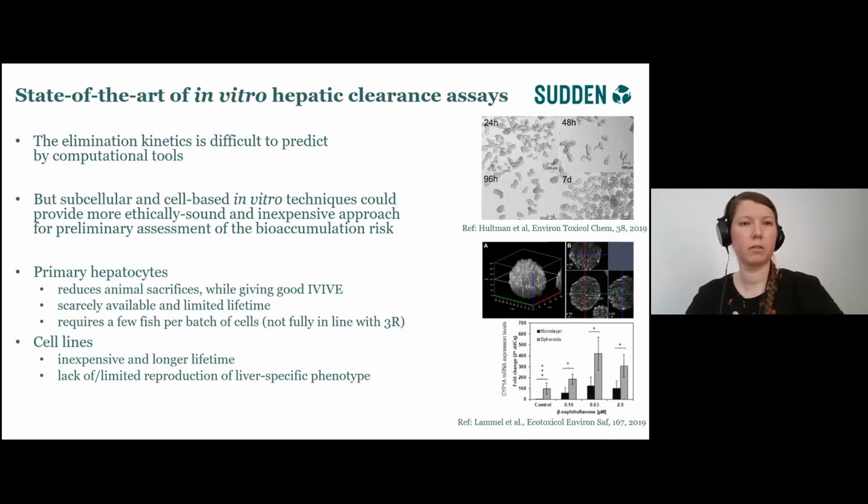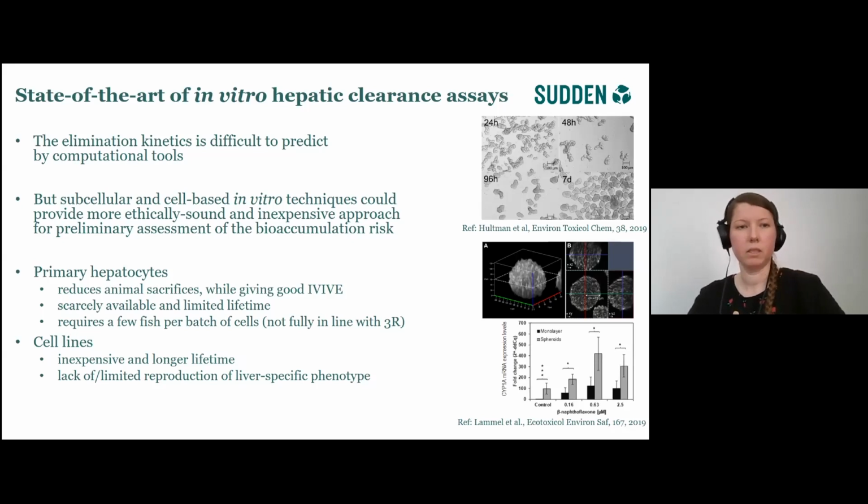And as a background, the elimination kinetics is difficult to predict by computational tools. So basically, we can use subcellular assays or cell-based in vitro techniques to predict the compound fate. The in vitro tools are ethically sound and inexpensive approaches. And that's why they are more preferred if we need to screen a set of compounds.